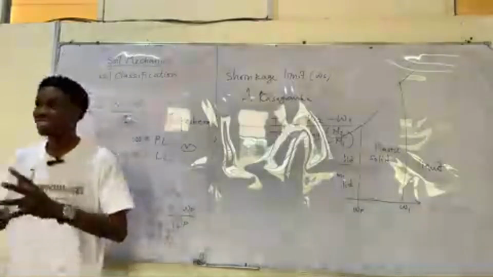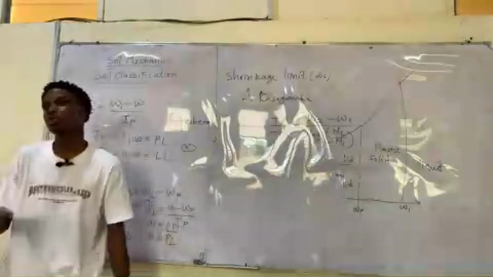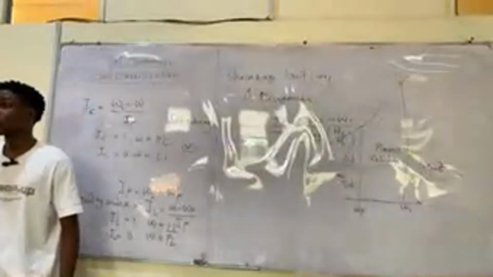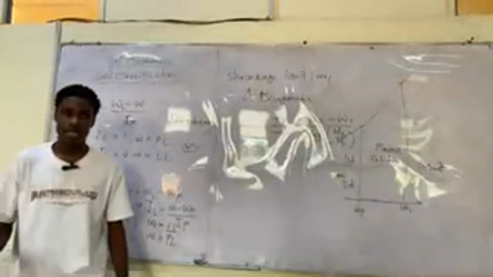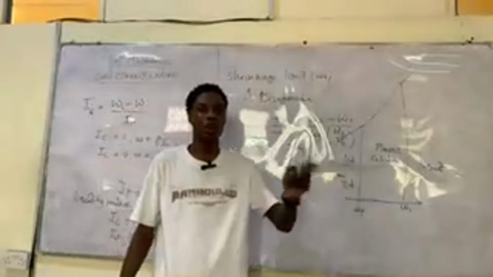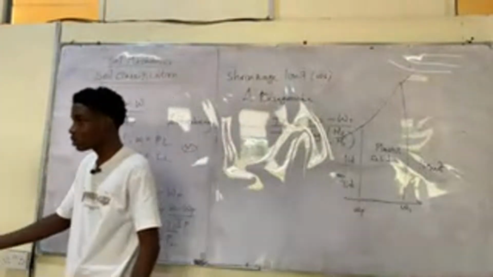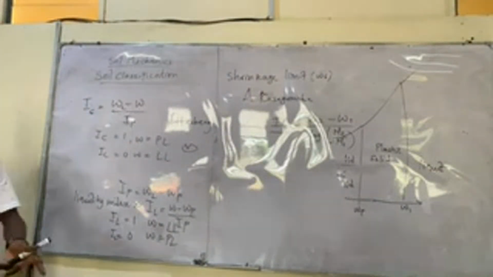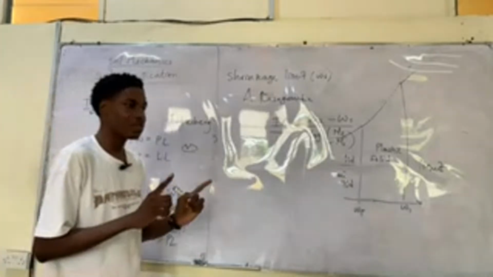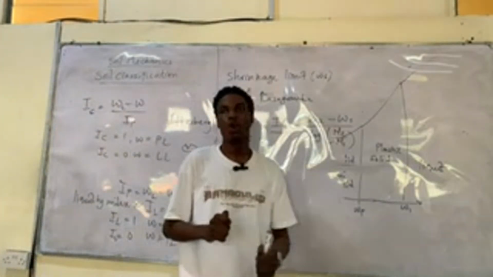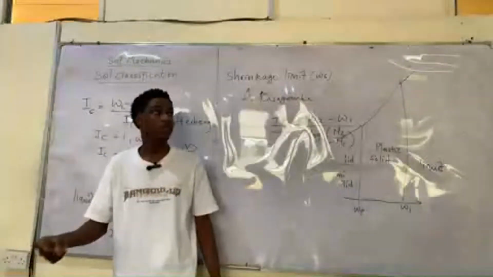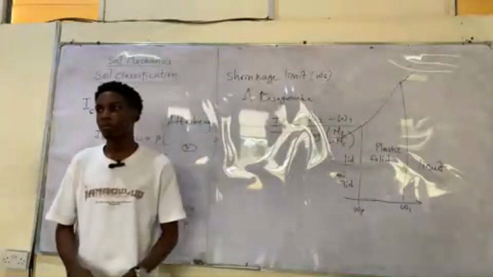That's actually not too hard, because you'll be given the sieve size either in numbers, like number 2 sieve, or in millimeters.